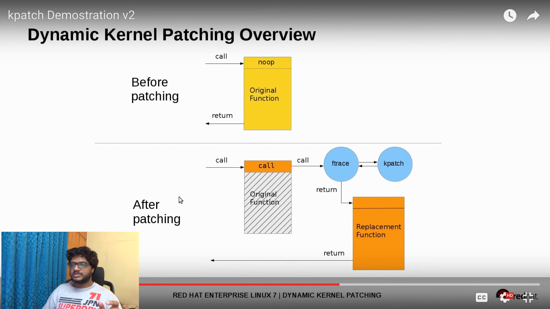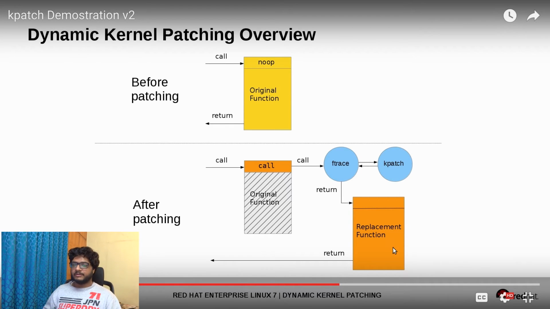But after patching, there is a separate part in memory where the patch resides, and when you call a function, it goes to another function called ftrace or function trace, which then communicates with the kPatch module, which tells it where in the memory is the newer patched function, and then it will return that to the memory block it wants to go.